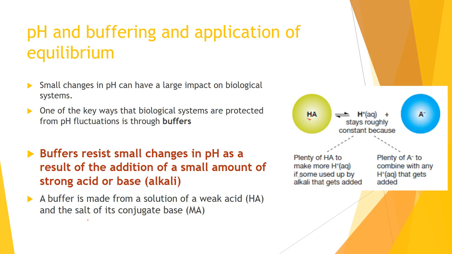Okay, so it can be made from something like ethanoic acid, okay, and be in equilibrium with the salt of the conjugate base of the ethanoic acid, okay? So this is essentially what we're going to look at, these systems, and look at the equilibrium calculations that go along with them.